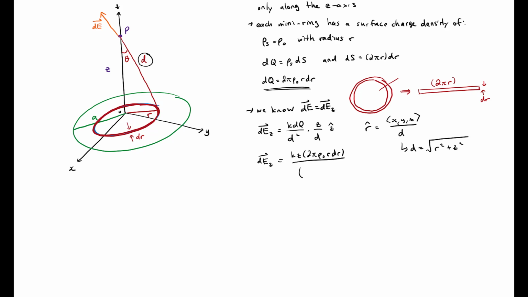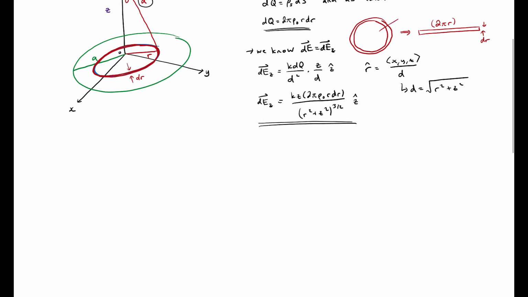So if we cube that, we have r squared plus z squared to the power of 3 over 2. And this is all in the z direction. So with this, we can now solve for E.